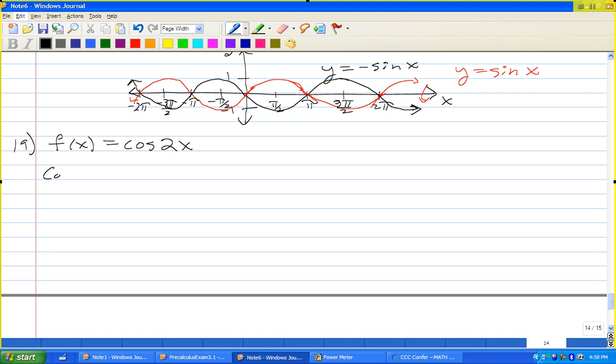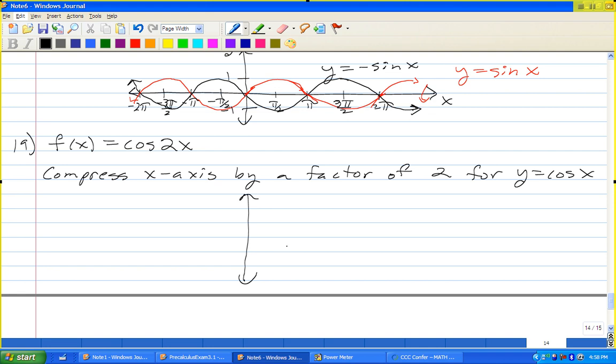Let's compress the x-axis by a factor of 2 for y equals cosine. Since I'm multiplying by 2, I'm going to make it half as big. Maybe I'll say that that is 1. It'll be easier to draw it.